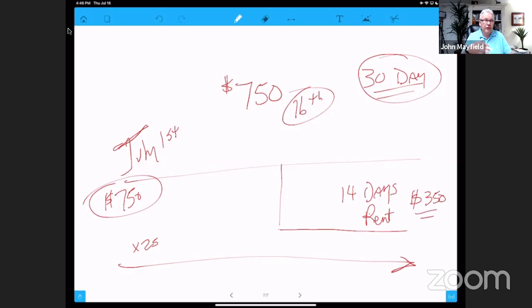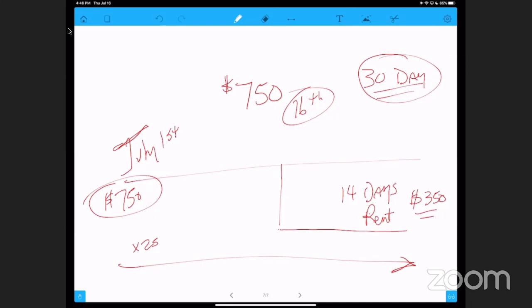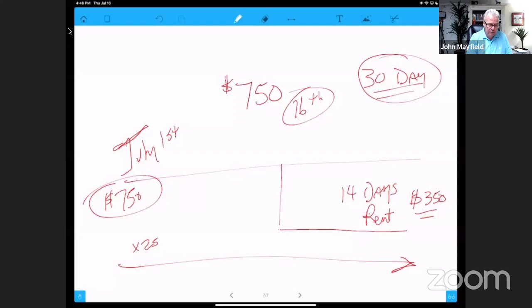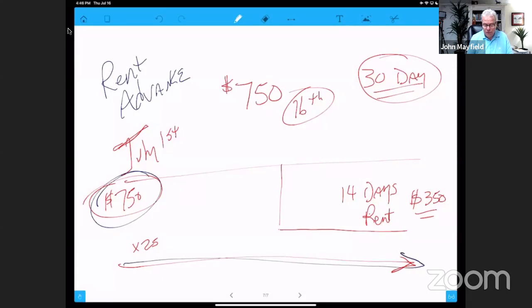And this is going to be a debit to the seller and a credit to the buyer. Why is it now a debit to the seller? Because remember, rent is paid in advance. The $750 that I put in my pocket on the 1st of July was for the whole month of July.